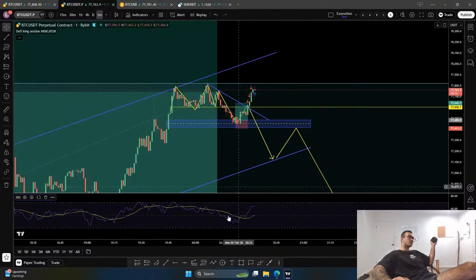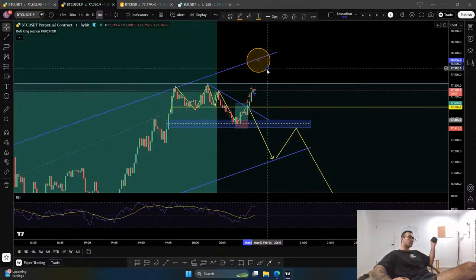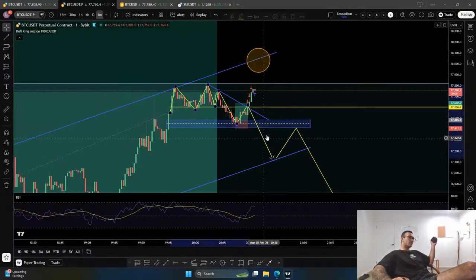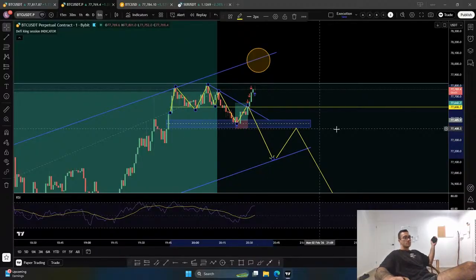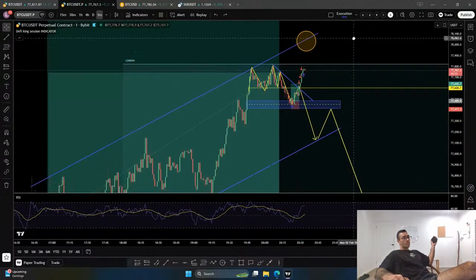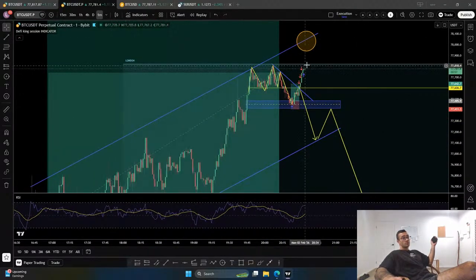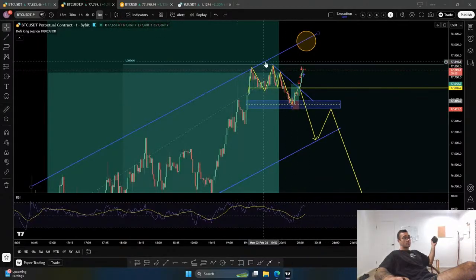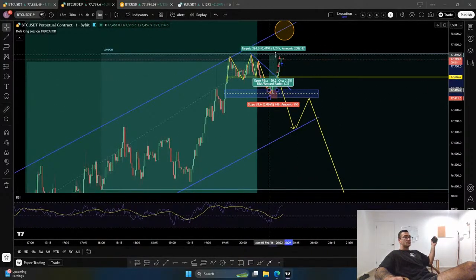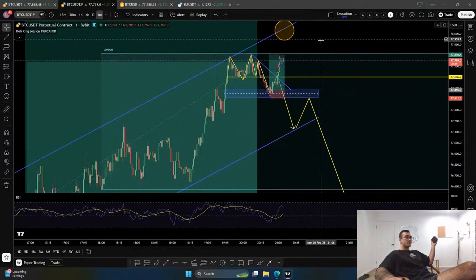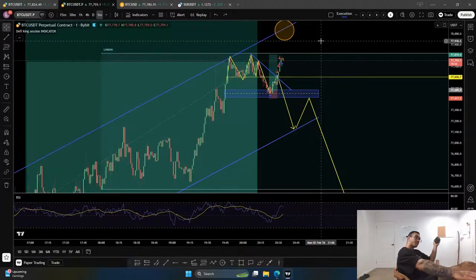So we could potentially hit here before we do see that move down. But then it would be a triple top. It would have been a nice trade too, but that wasn't the trade that I took.